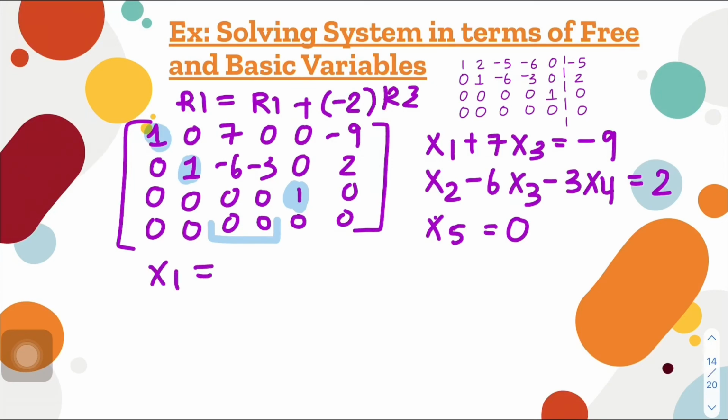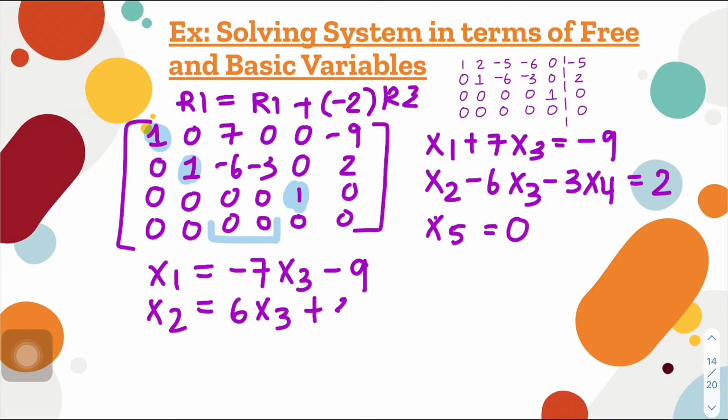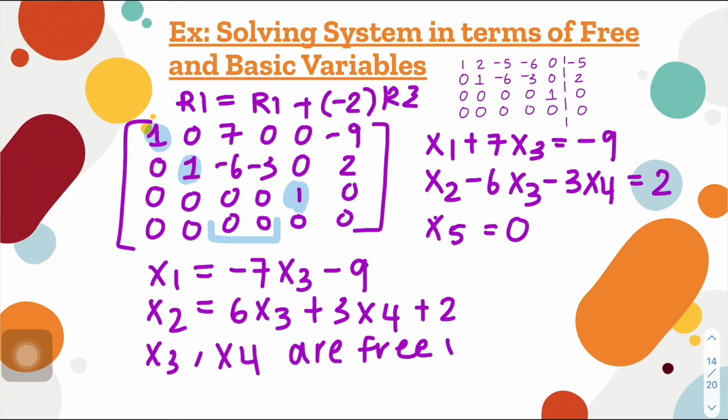So x1 is equal to negative 7x3 minus 9. x2 is equal to 6x3 plus 3x4 plus 2. x3 and x4 are free variables. And x5 is 0. So this is our answer.